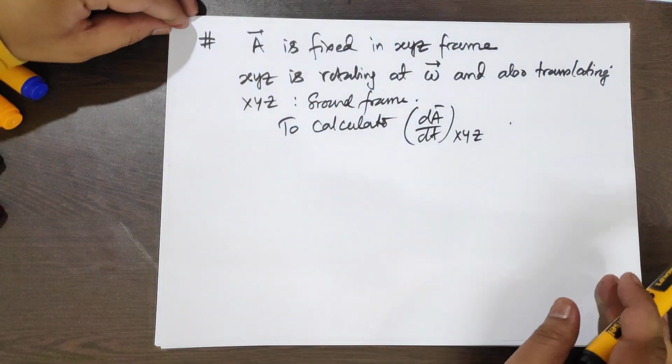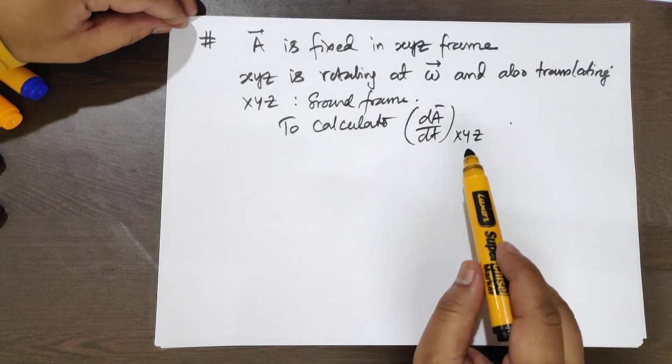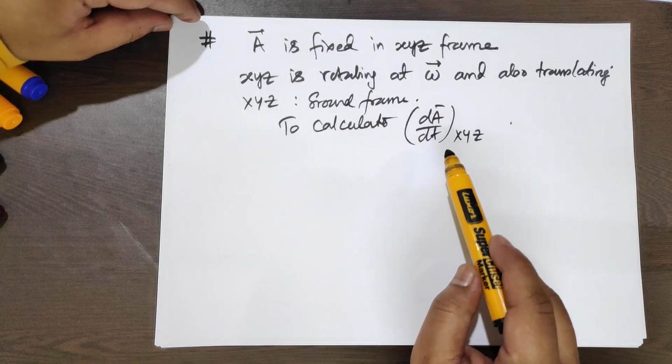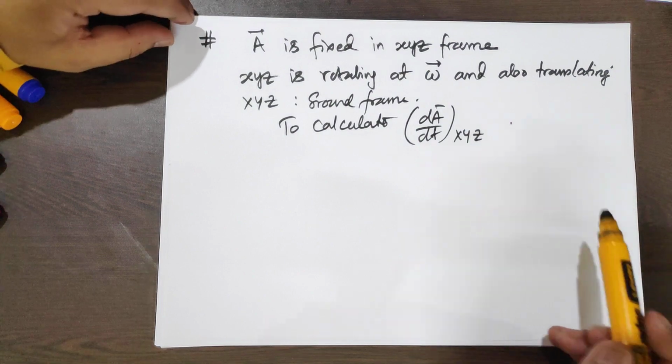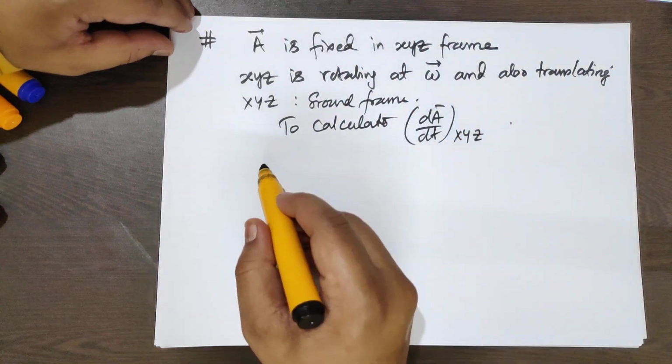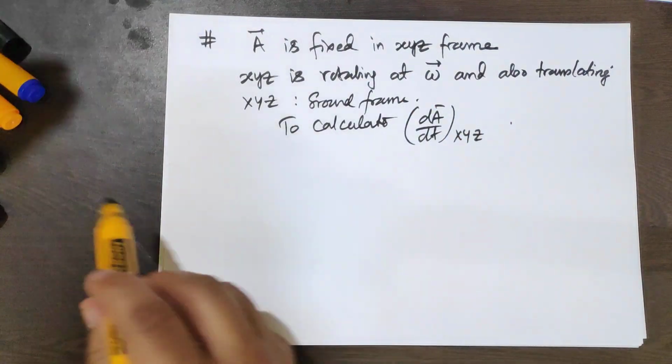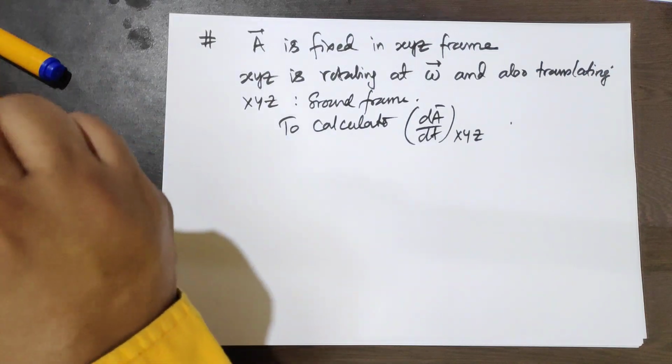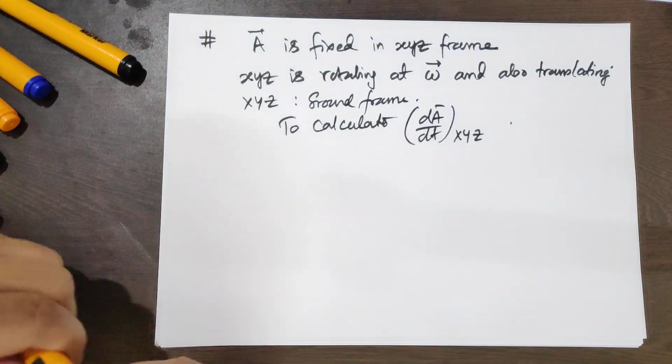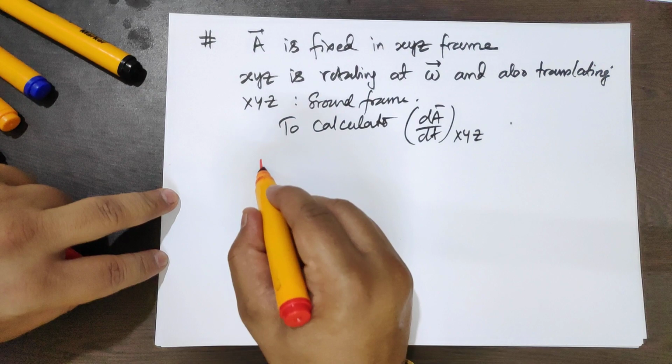In the first case we studied, due to translation dA dt is 0, it doesn't change. Due to rotation it changes. So you can simply substitute the result from the second case.